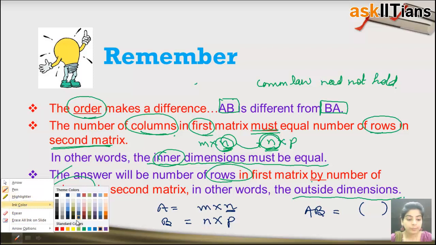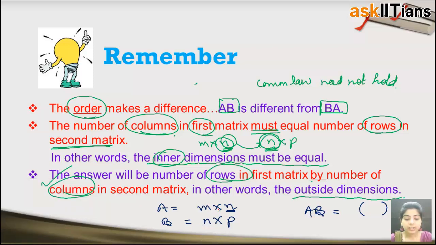I'll tell you. See, for AB to be conformable for multiplication, we need to have this equal to this, right? You just simply cancel this, this is simply for your understanding. You can just cancel this, and this would be the order of the resultant matrix, that is AB would be of order M cross P. That is the outside dimensions.